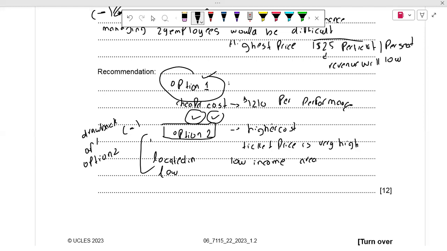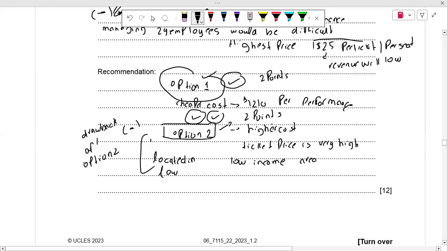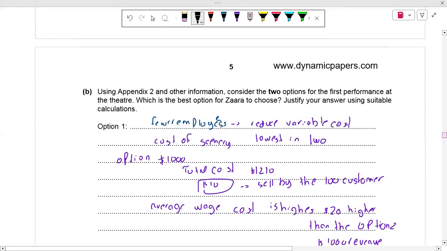So two things about your justification, your judgment, your supportive arguments, and two negative things negating the other option. Okay, so 2 points and 2 points. It means two advantages and two disadvantages. That's it. So this is your question number 12, and we have done with this part.